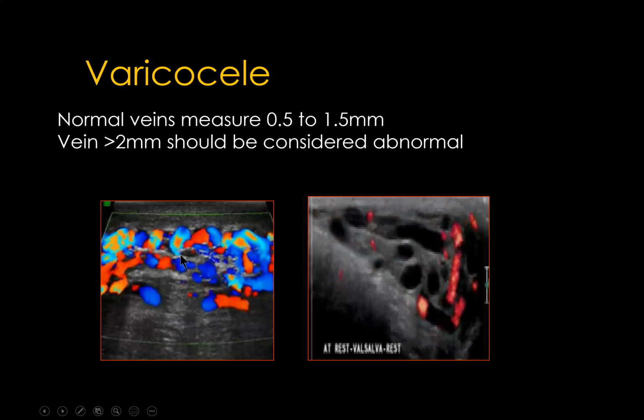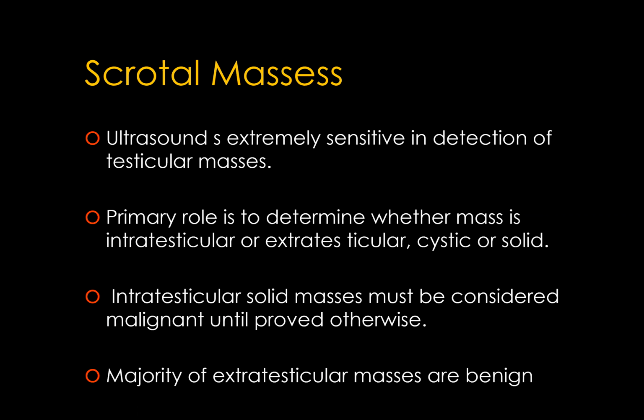Scrotal masses. Ultrasound is extremely sensitive to detect testicular masses. Its primary role is to determine whether the mass is intratesticular or extratesticular, cystic or solid, because an intratesticular solid mass must be considered malignant until otherwise proven.